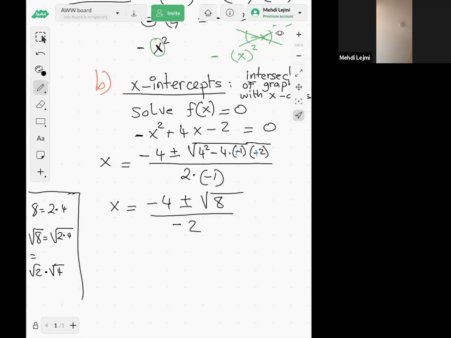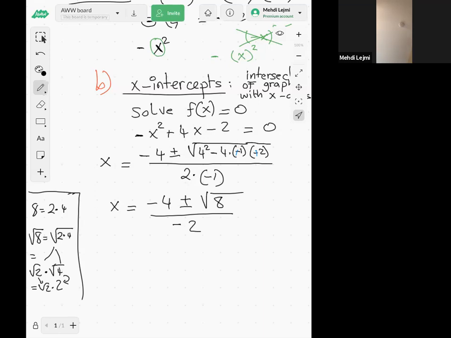So the square root of 2 times 4 is the square root of 2 times the square root of 4. The square root of 4, of course, is 2, because 2 times 2 is 4. So it's 2 times the square root of 2.